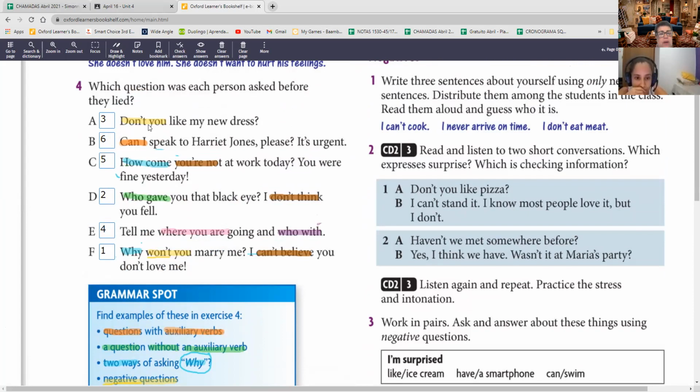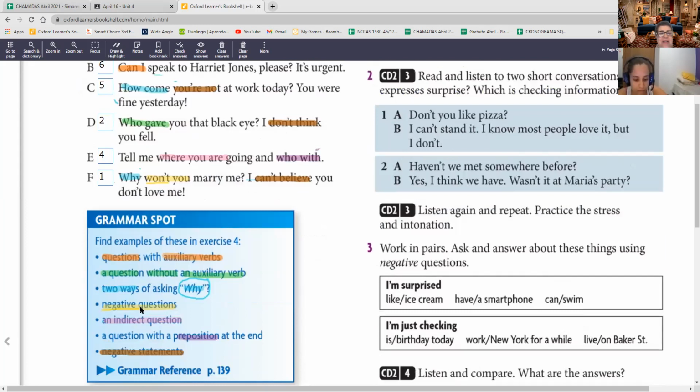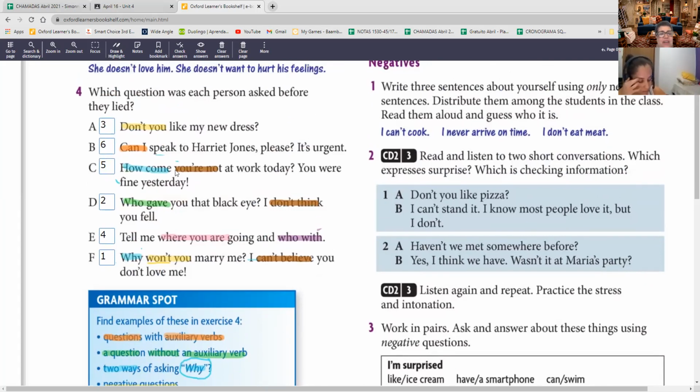This is also considered a question with auxiliary, but it's a negative auxiliary, so it is part of this group. Okay, all right. So here, can I speak to Harry Jones, please? It's urgent. It starts with an auxiliary, in this case, a modal verb.